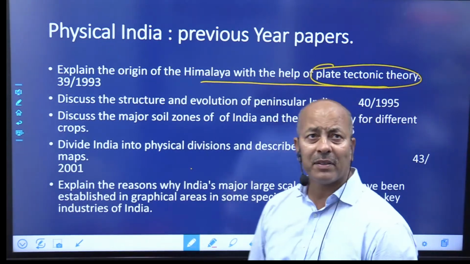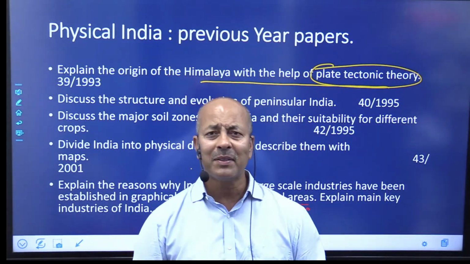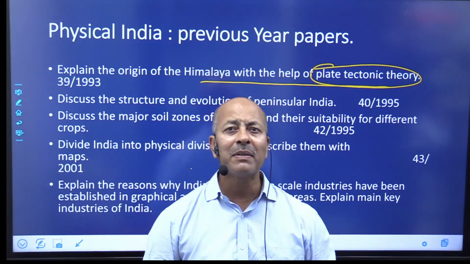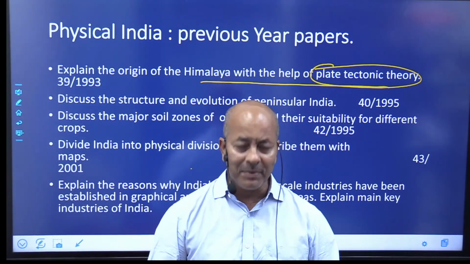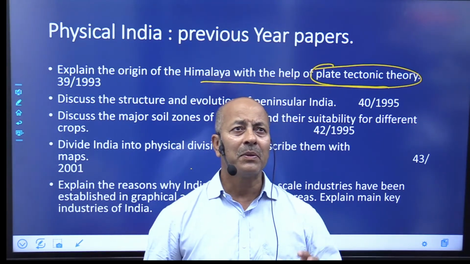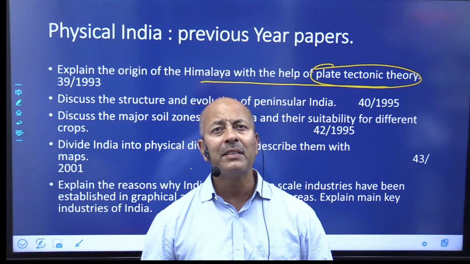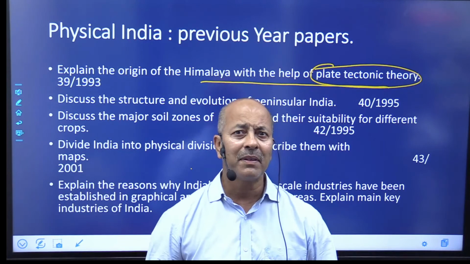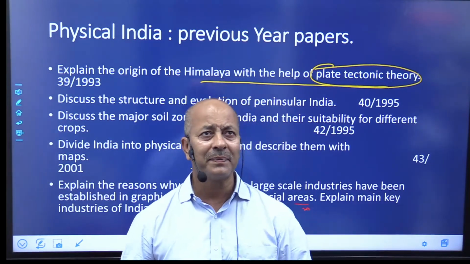It's a very easy question, or you can say a theoretical question. Normally, we write the different theories to explain the formation of Himalaya. You can find them in class notes also. So this type of question is a very theoretical, traditional question used to be asked in the early age.